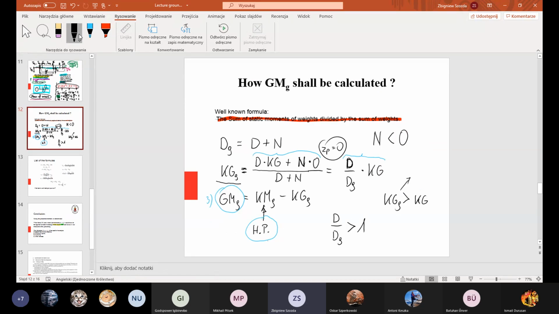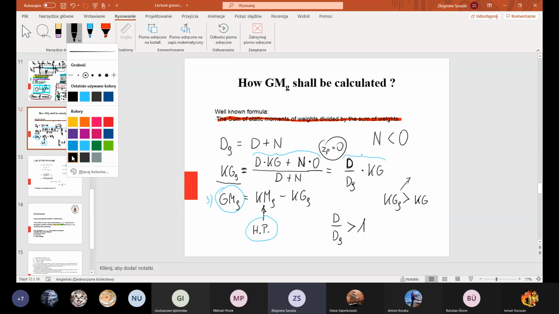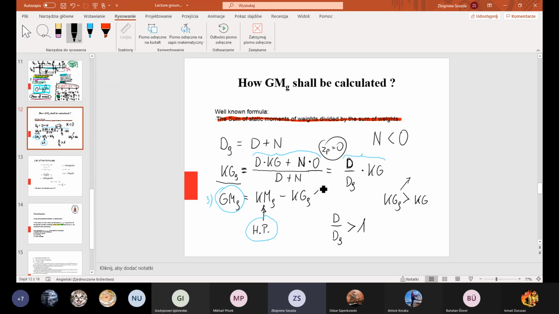So after grounding, the position of the center of gravity that the ship feels goes up, rises. If the center of gravity goes up, probably initial metacentric height goes down. So from a stability point of view, grounding is dangerous.